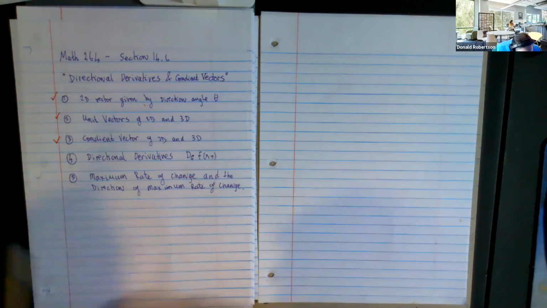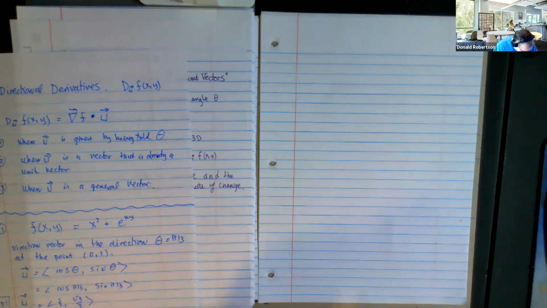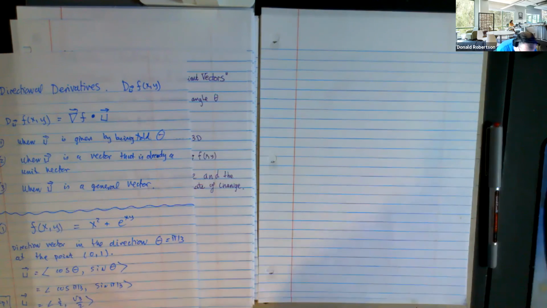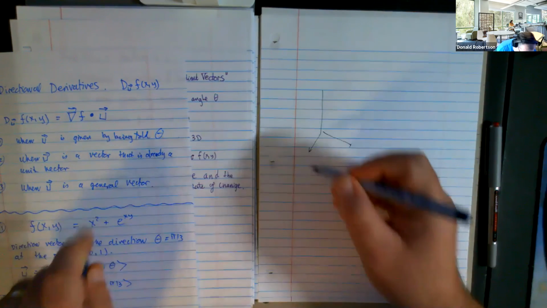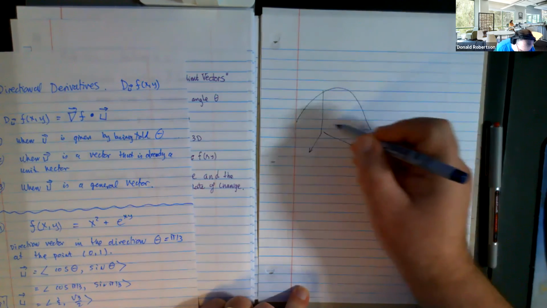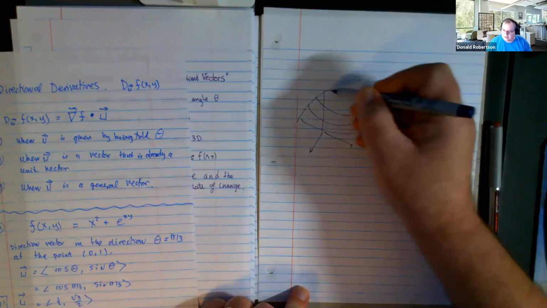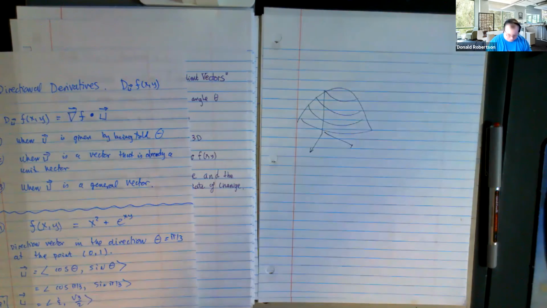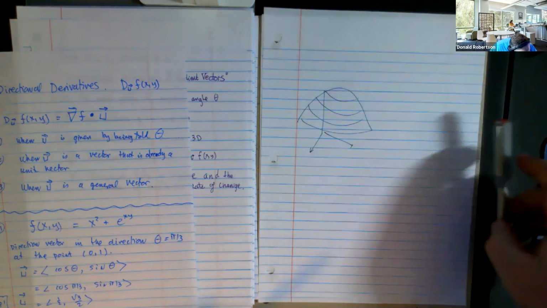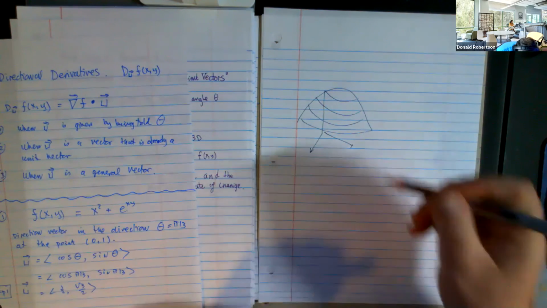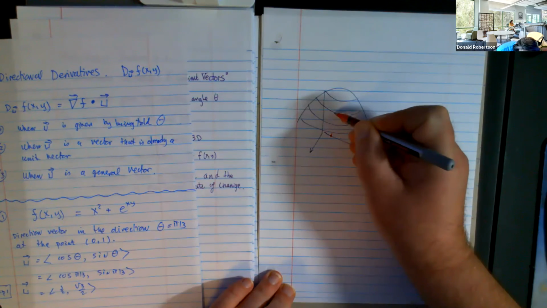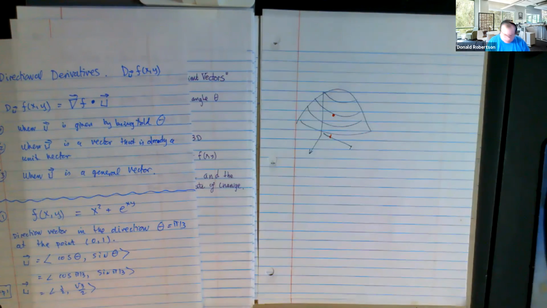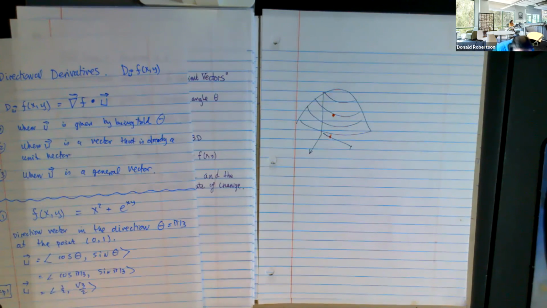So I want you to imagine, and this is purely imagination, I'm not saying this is really correct, but it'll get you the idea. Can you imagine that this function was a surface that looked something like a hill? And at the point (0, 1), there would be a point on the surface directly above it, with the z coordinate.